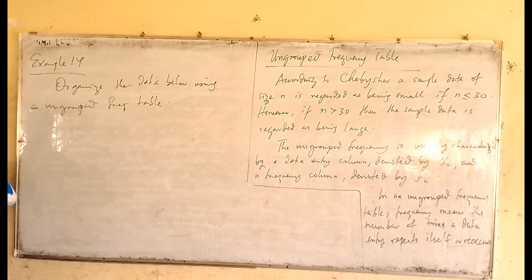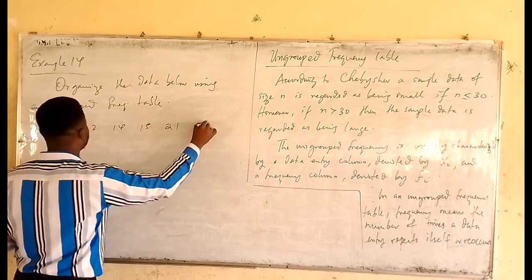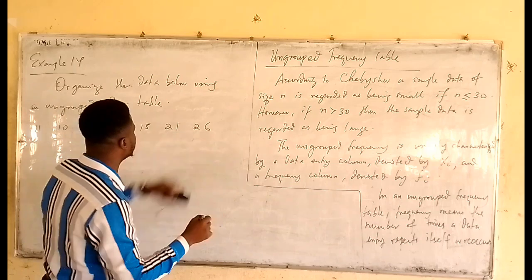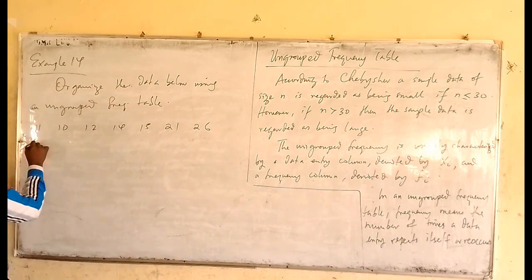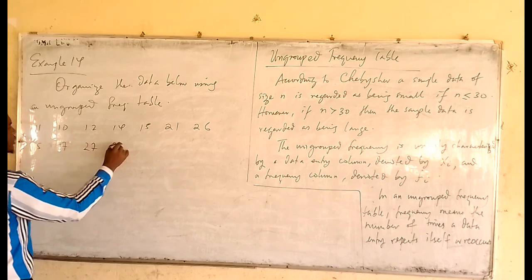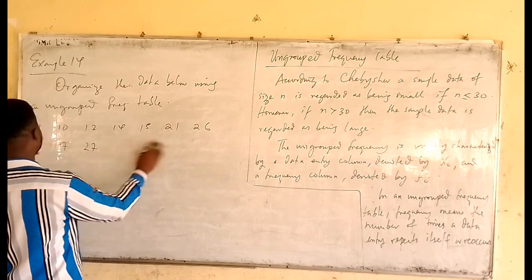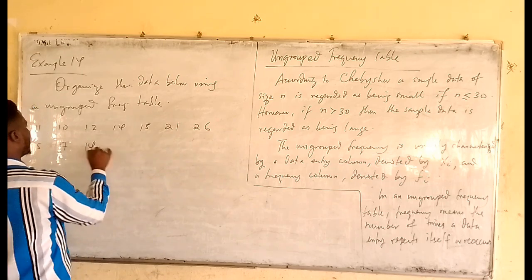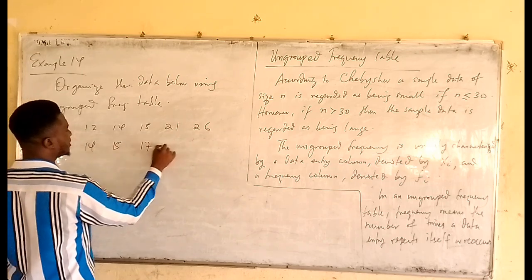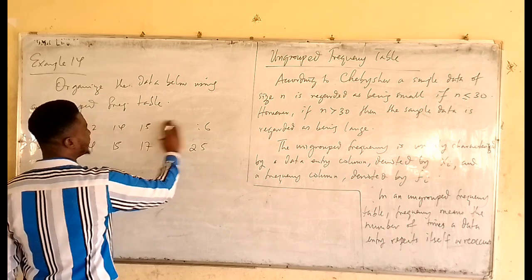So I'm going to give you this data: 11, 10, 12, 14, 15, 21, 26, 1, 2, 3, 4, 5, 6, 7, 15, 27, 32, 33. No, let me not make it too large. Let me put here 14 again, 15, 17, 16, 25. Even 20 is too large for me.